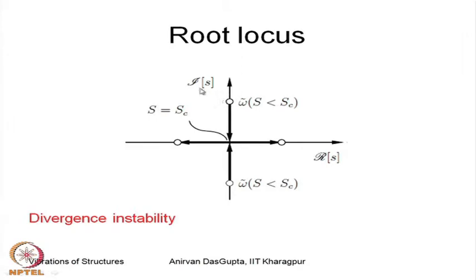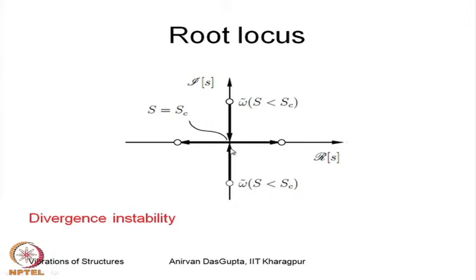Here I have plotted the real part of S and the imaginary part of S. So, S is plus or minus I omega tilde when the load is less than the critical load or the buckling load. As you increase the load, these roots go to 0. Once they reach 0, then they move on this axis.